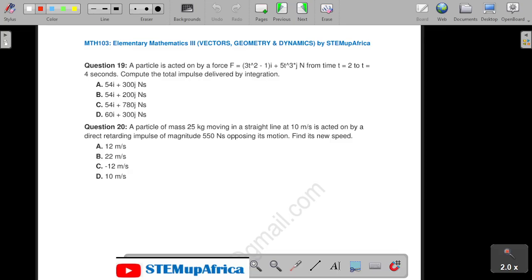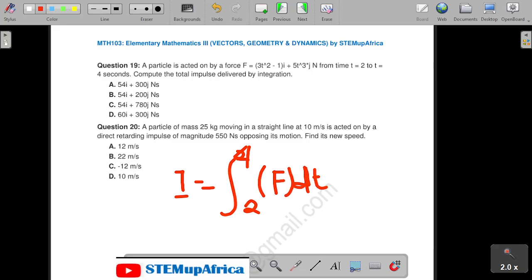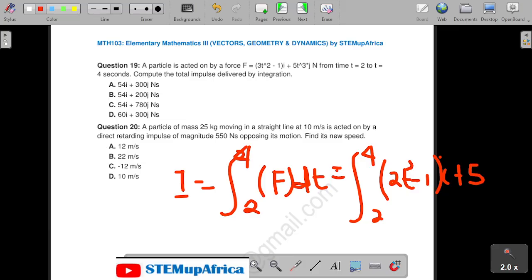As you know, impulse I will be the integral with upper limit 4, lower limit 2, of F dt, which is 4 to 2 of 2t squared minus 1 i plus 5t raised to the power 3 j all dt.